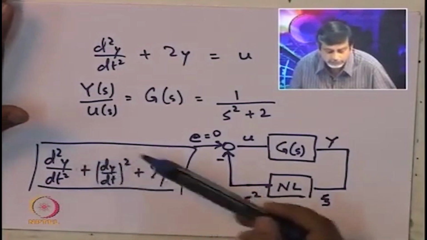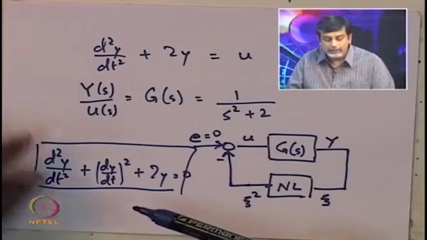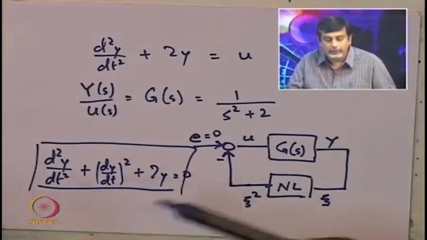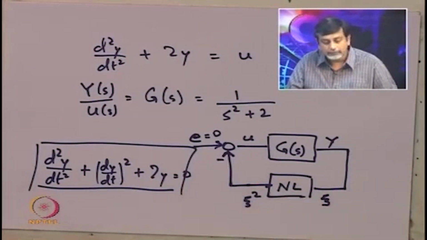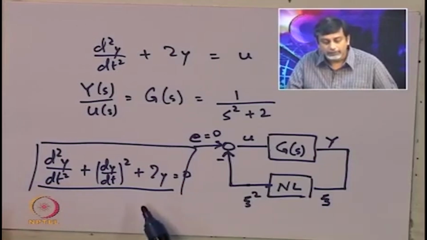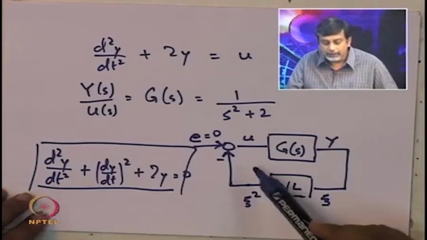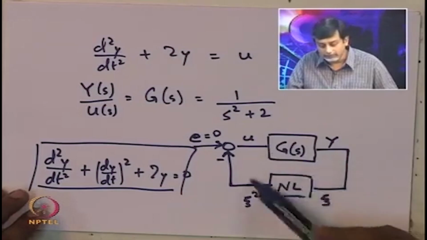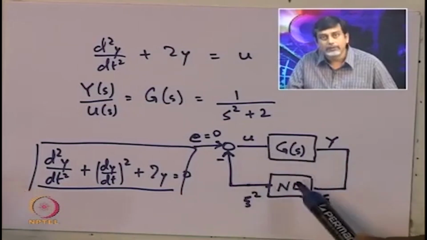Now, of course, in this system, if you draw a phase plane portrait of the system, then the origin is an equilibrium point. If one wants to find out whether this origin is, let us say, asymptotically stable, that is the same as asking whether this feedback system is asymptotically stable.